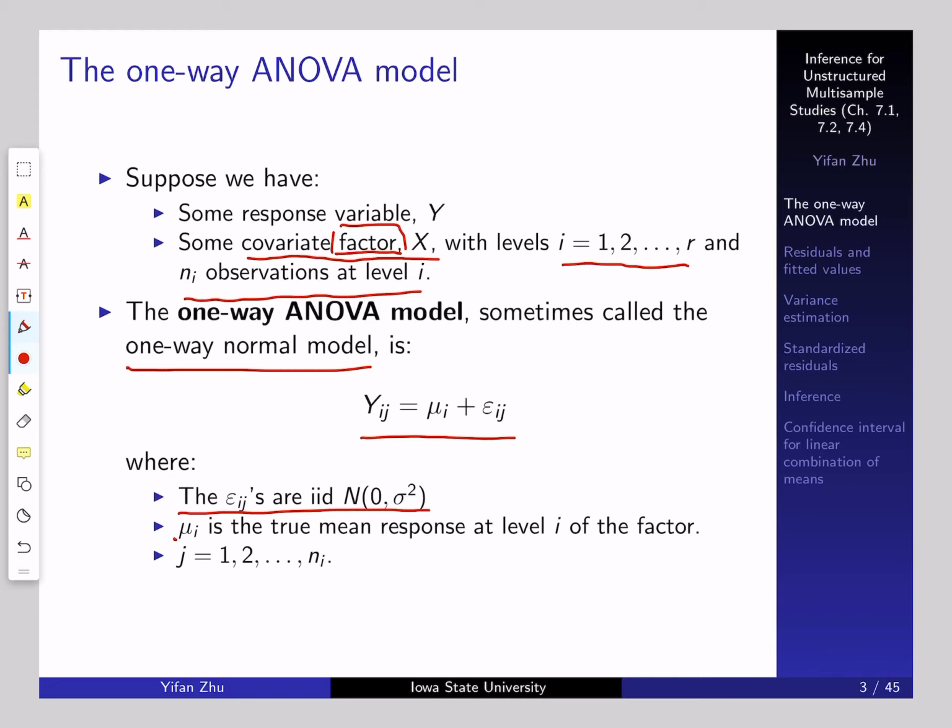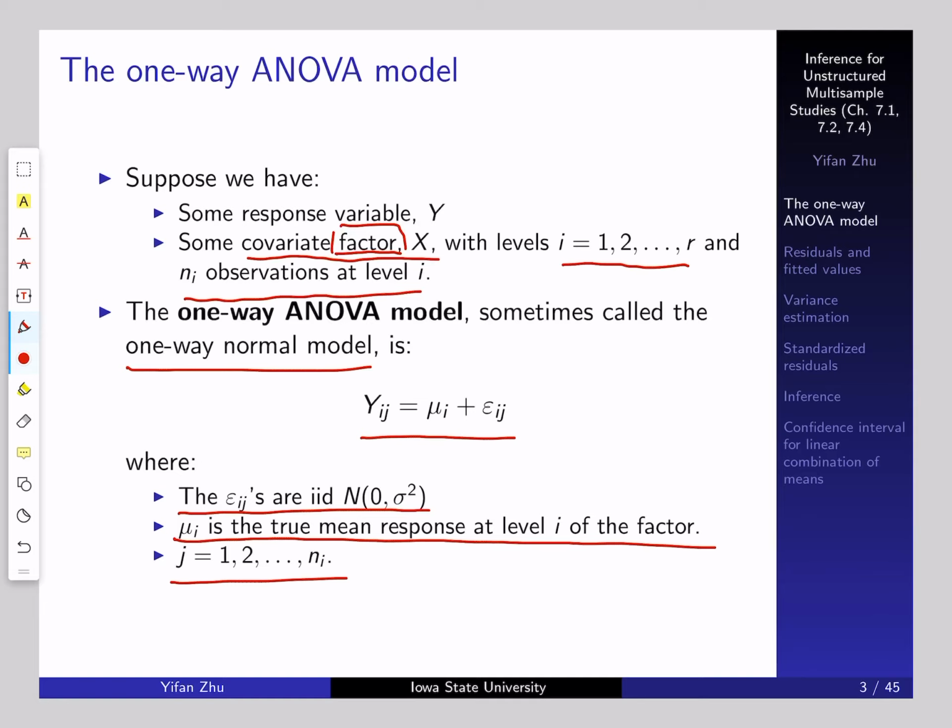Mu i is the true mean response at level i of the factor. And j is the index for the observations at level i, so j goes from 1 to Ni because we have Ni observations at level i.